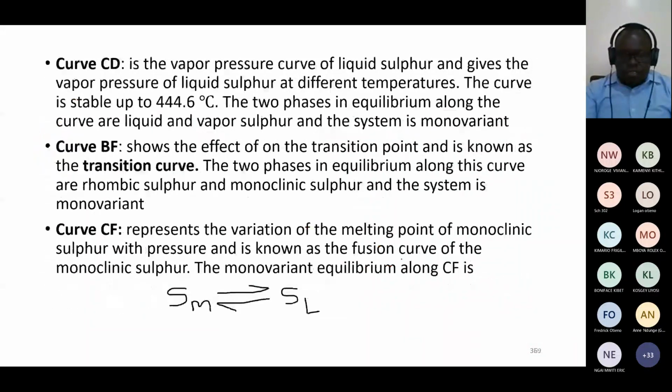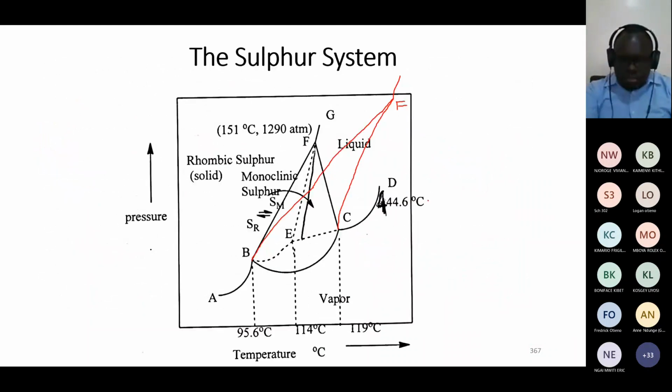Just consider the dotted lines. We have these dotted lines here. There's a point E, so there's a curve BE, a curve EC, and a curve EF. So this represents the metastable equilibrium.